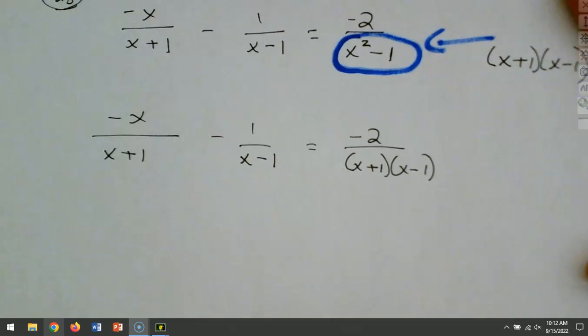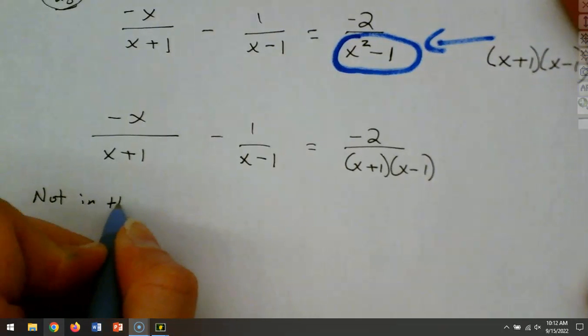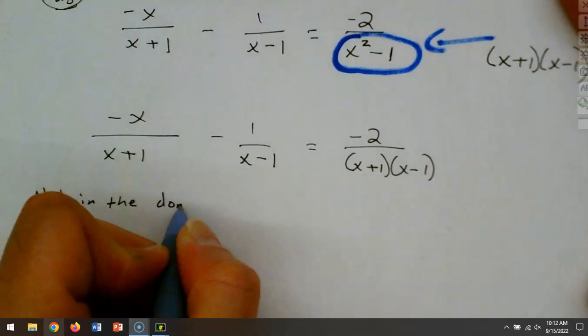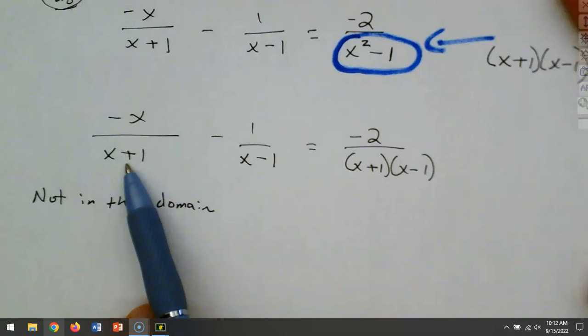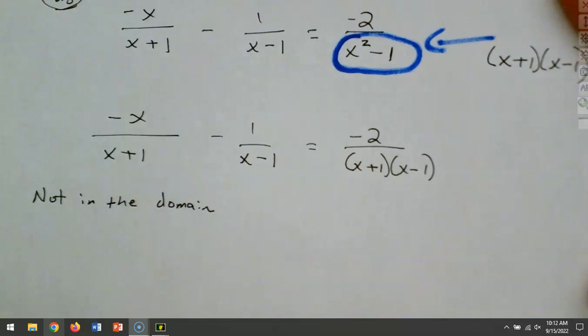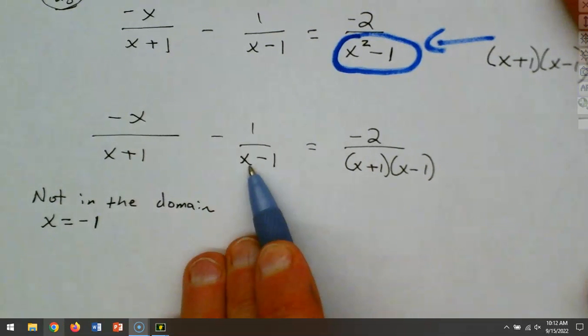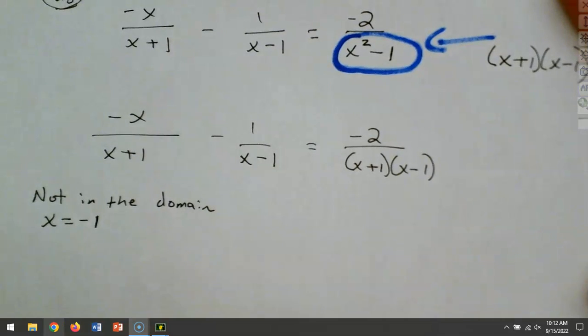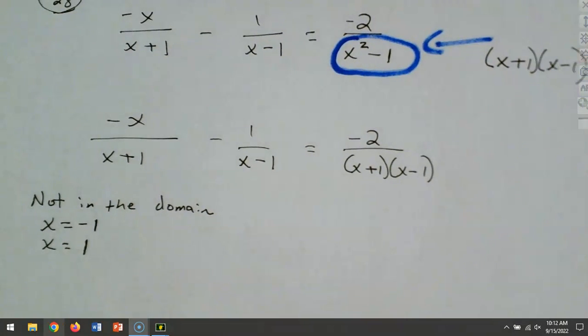Hopefully now you can kind of look at it and see what numbers are not in the domain. Does anyone know what they might be? What number is going to make this 0? Yep, negative 1. So negative 1 is not in there. What about over here? Positive 1. So the numbers that are not in the domain are plus 1 and minus 1.